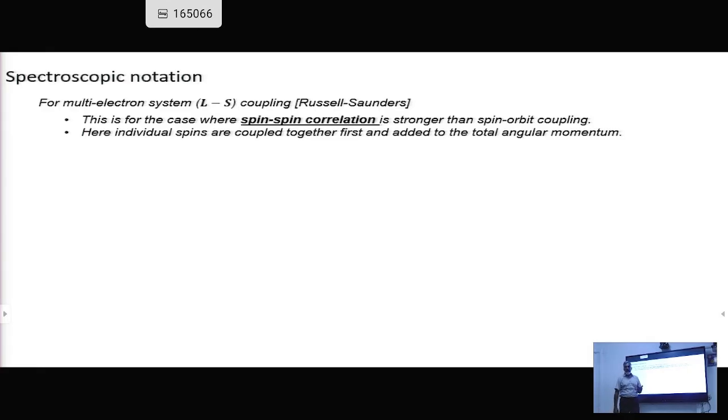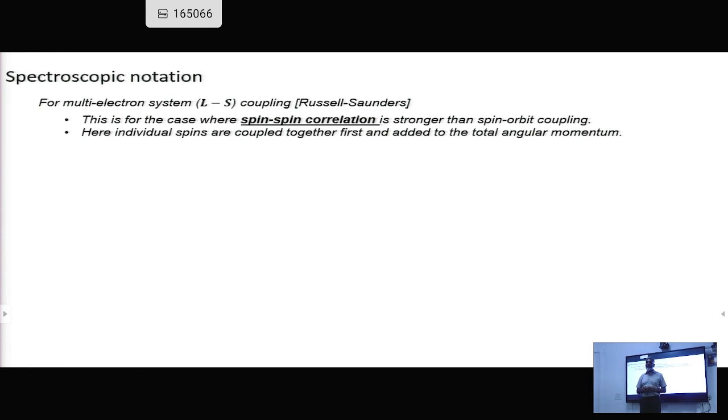But if the spin-orbit interaction is stronger than spin-spin correlation, you use the JJ coupling scheme. Generally, if you look at elemental structure, for smaller atoms you usually use LS coupling, and for larger atoms you usually use JJ coupling.